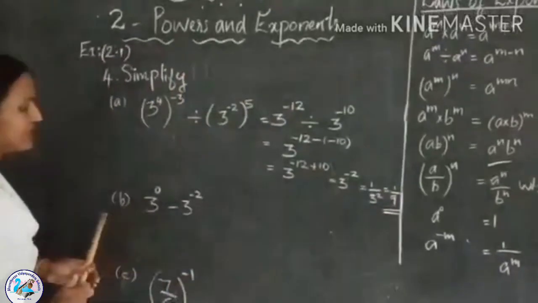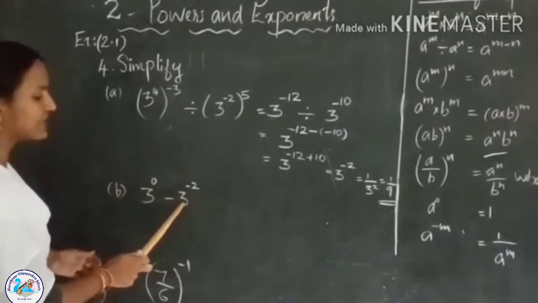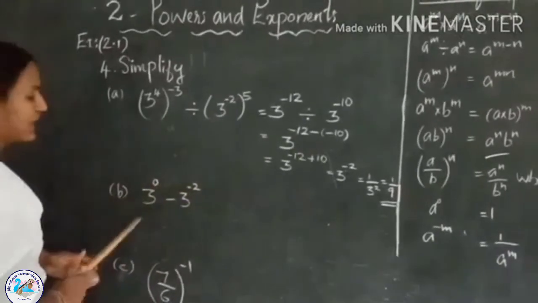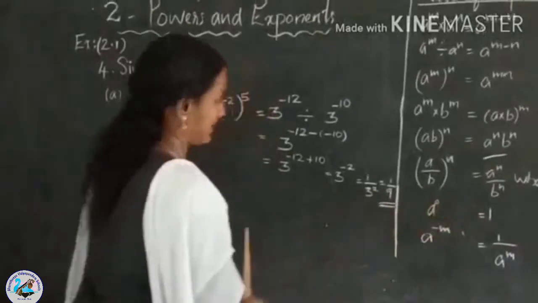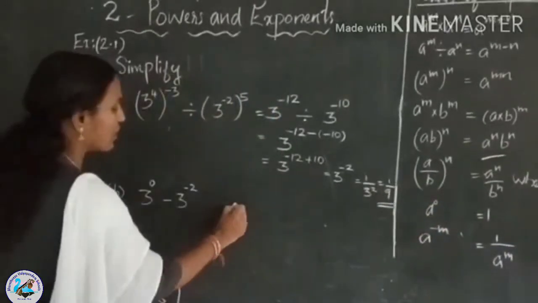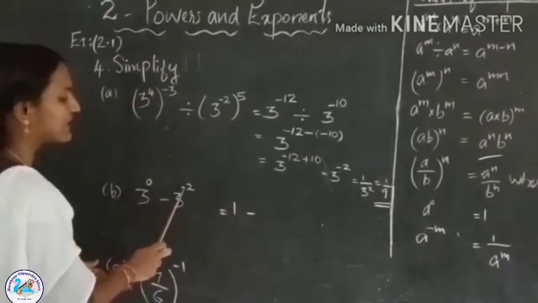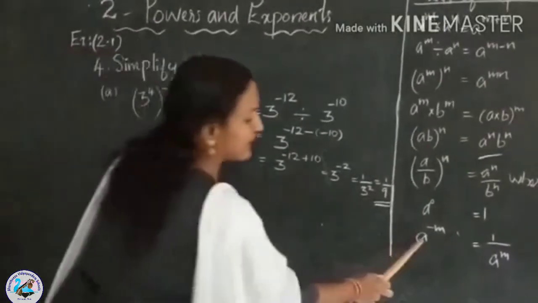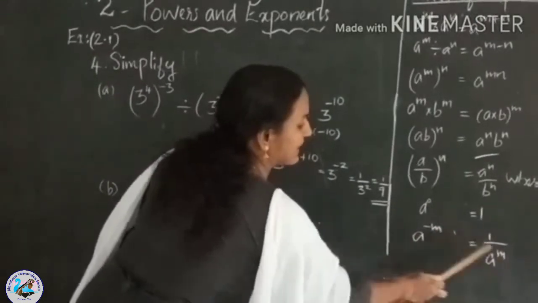The second question, 3 raised to 0 minus 3 raised to minus 2. Any number raised to 0? A raised to 0 is 1. So is equal to 1 minus 3 raised to minus 2. A power minus m is 1 by a power m. The sign can be changed.